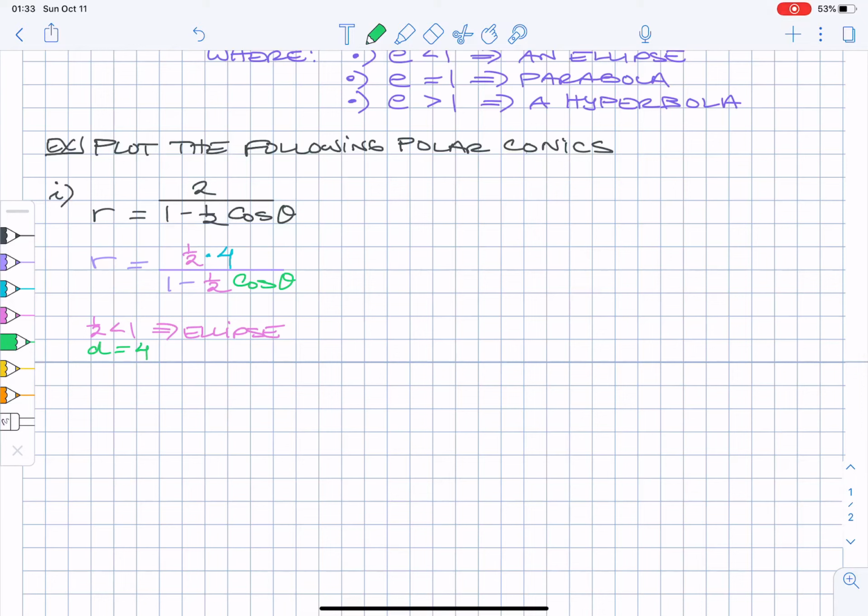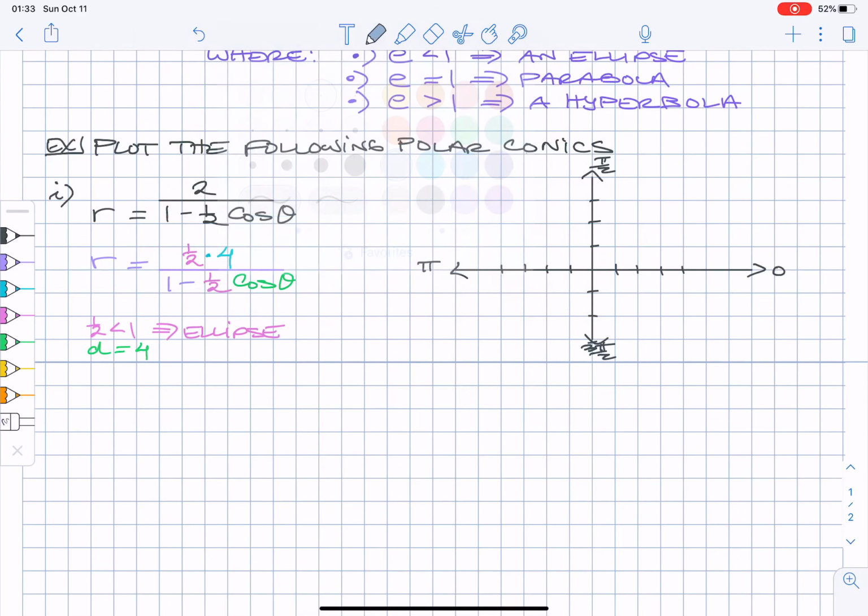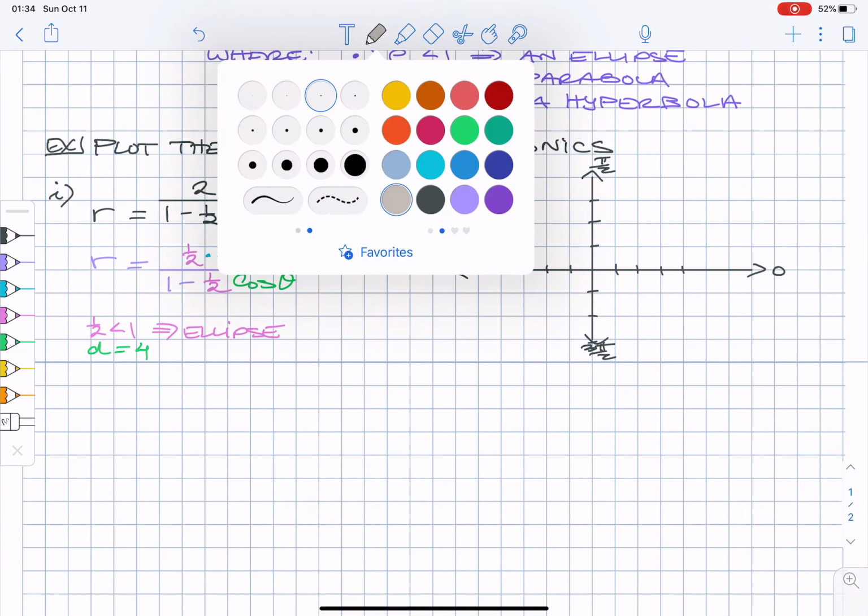And it's cosine, so let's see what happens here. So let's do our polar coordinates. So 0, pi over 2, pi, 3 pi over 2. Okay, so usually in order to do polar coordinates, we would need to draw a whole bunch of concentric circles.